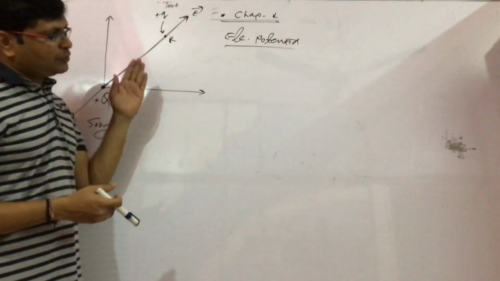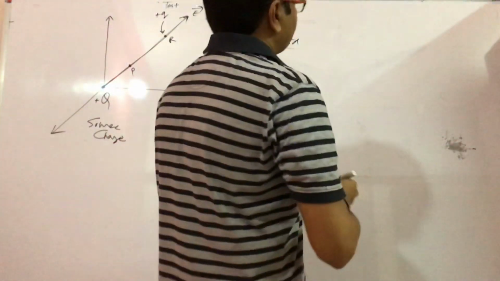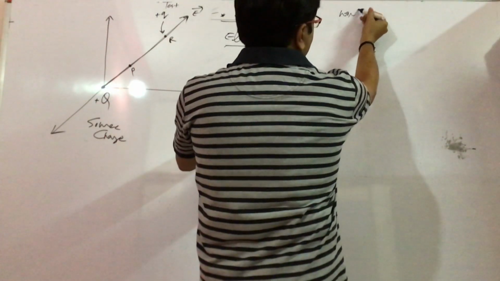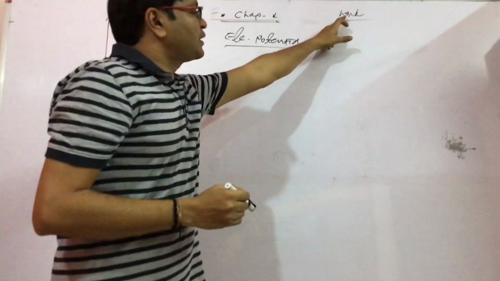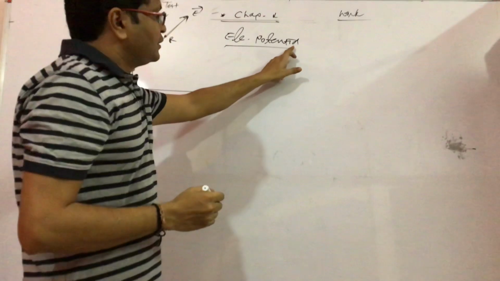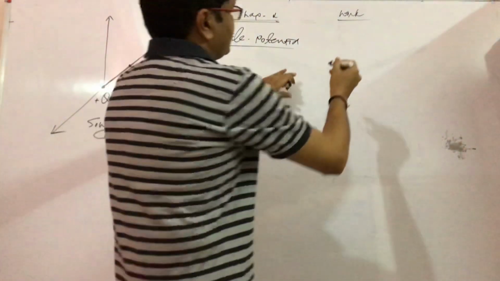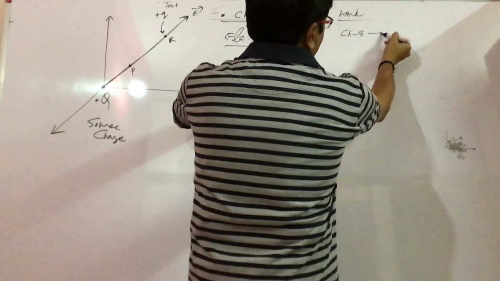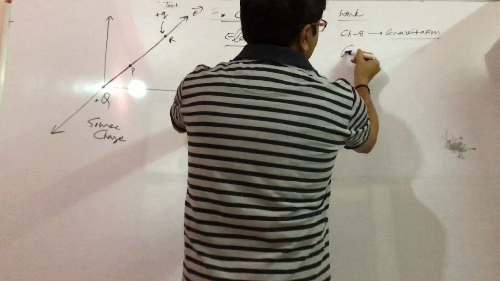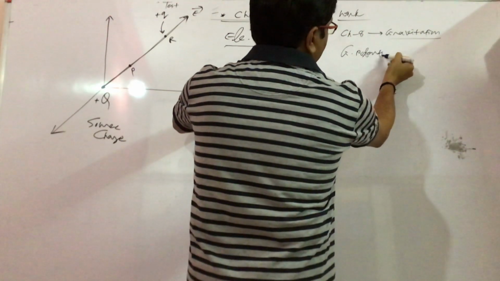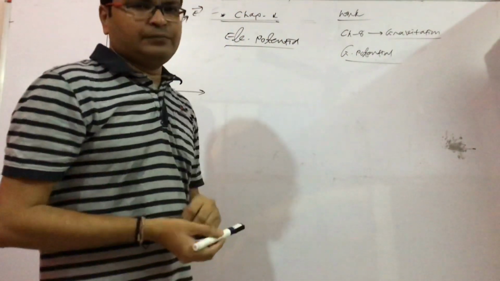Before moving towards the calculation of the work, we'll think about something extra. Work is associated with the word potential. If you remember chapter number 8 of standard 11, gravitation, there is one quantity, gravitational potential. What do you mean by gravitational potential?